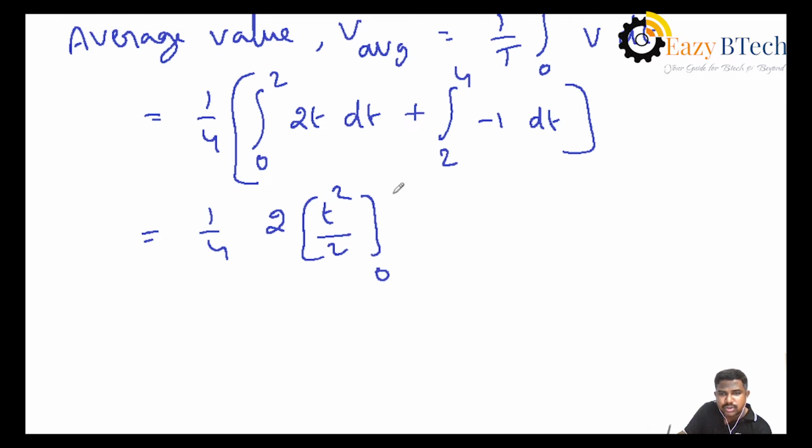Apply the limits 0 to 2. Here minus, the constant minus 1 is outside. What is the integration for a constant? That is t from 2 to 4. Why are we writing t here? The differential variable is in terms of dt, that's why we are writing t here. If the differentiation is with respect to dx, then we have to write x here.